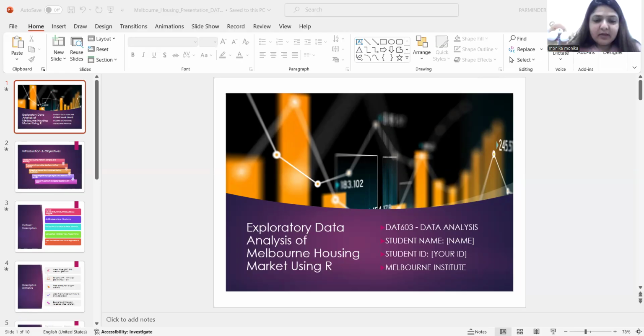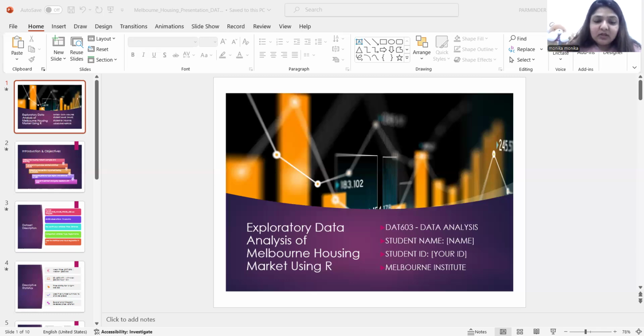Welcome everyone, and thank you for joining the presentation on the exploratory data analysis of the Melbourne housing market using R. This study was conducted as a part of the DAT 603 unit, and it highlights how data science techniques can be applied to a real-world data set to gain meaningful insights.